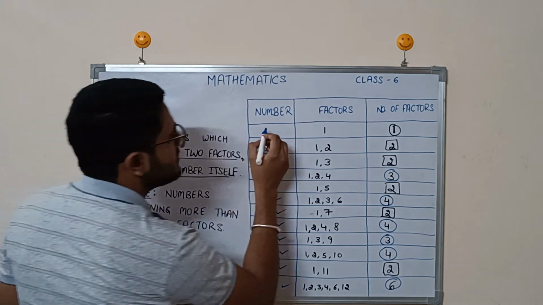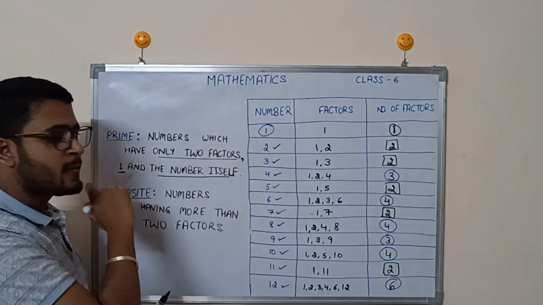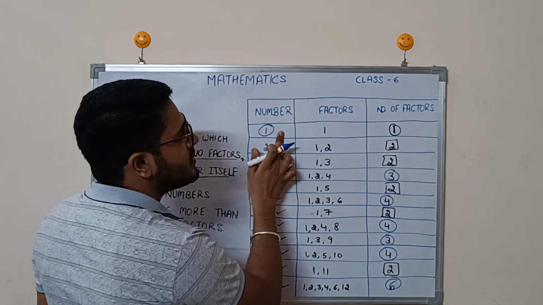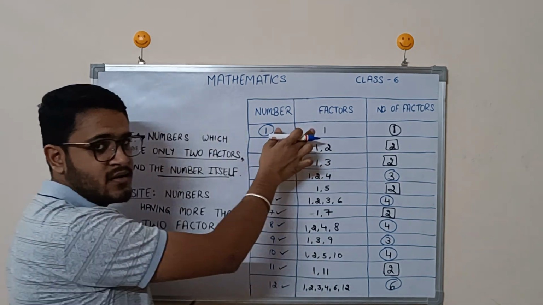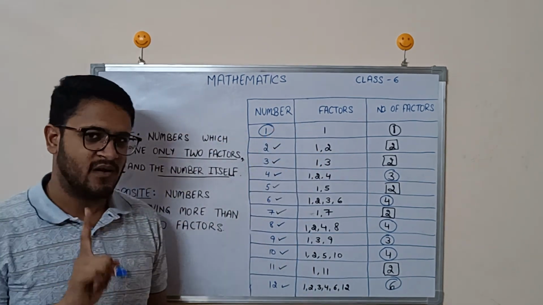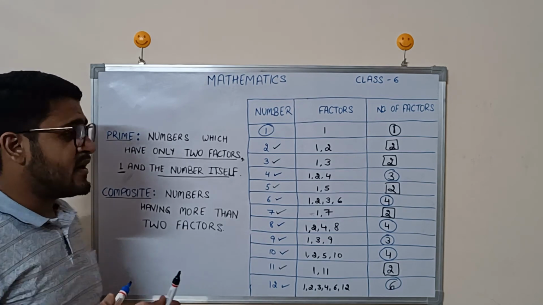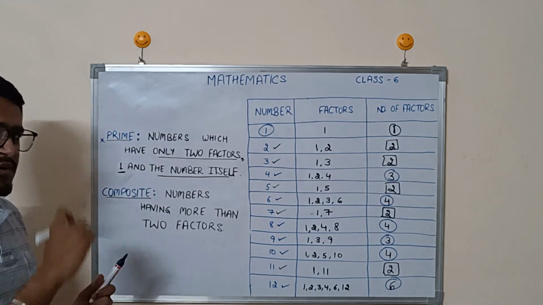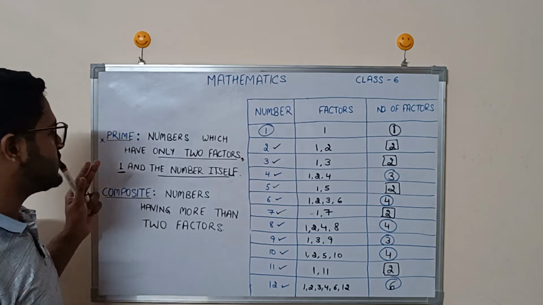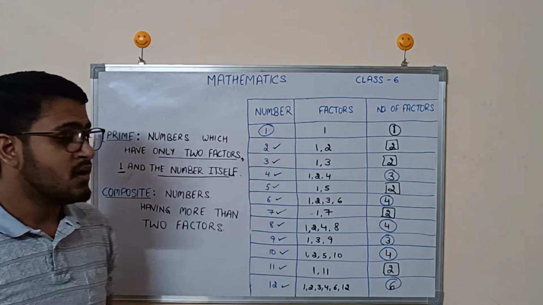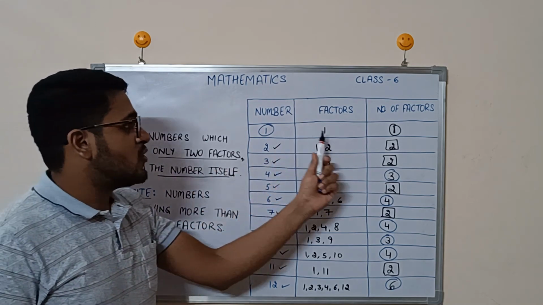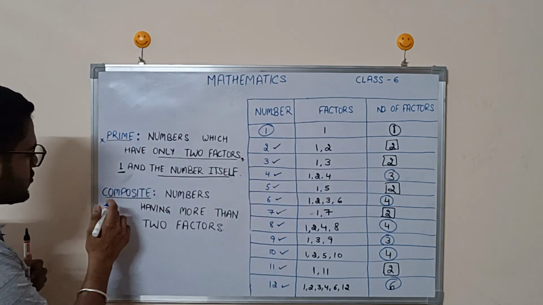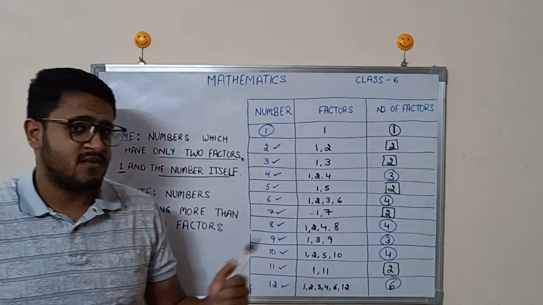But what about the number 1? The factors of 1 are only 1, which means it has only one factor. So it doesn't have two factors, which means it is not a prime number. 1 is not a prime number because we don't have two factors. And 1 does not have more than two factors, so it is not composite either.